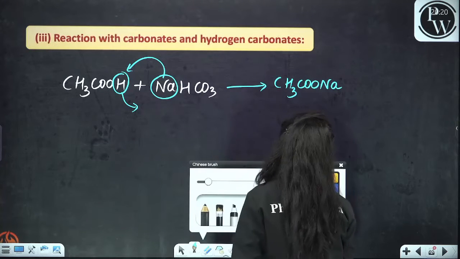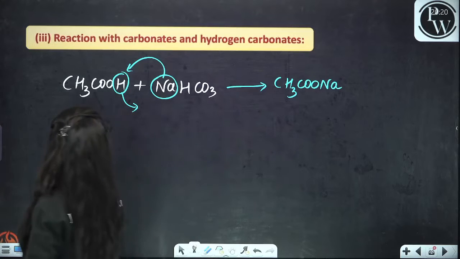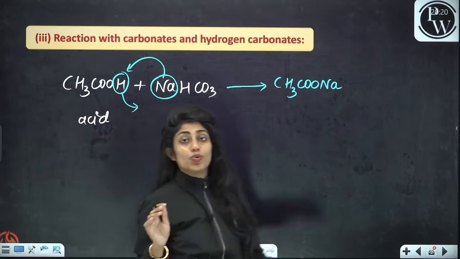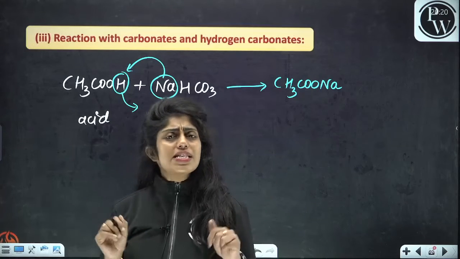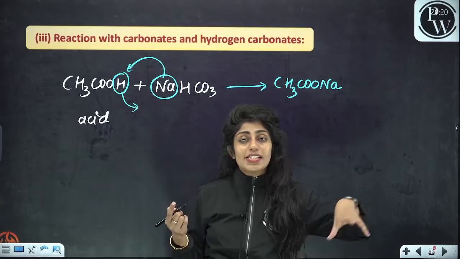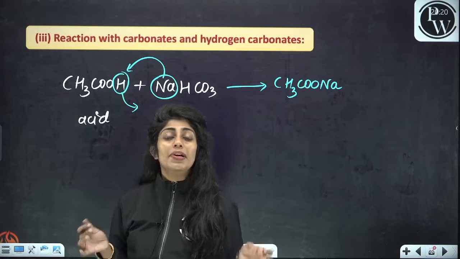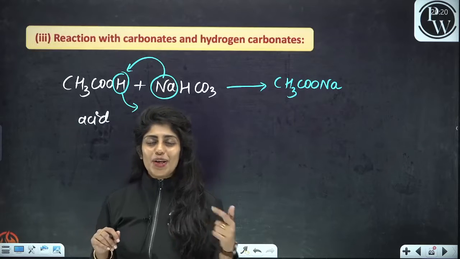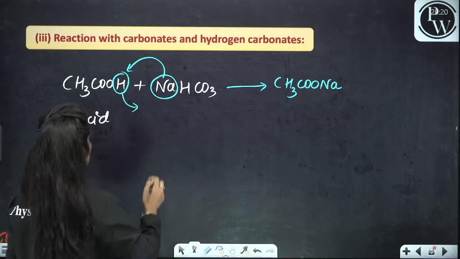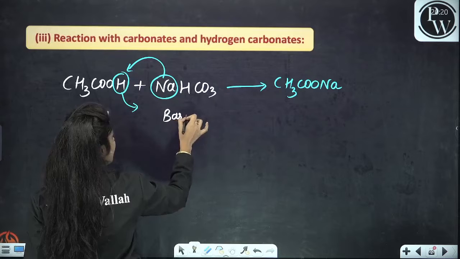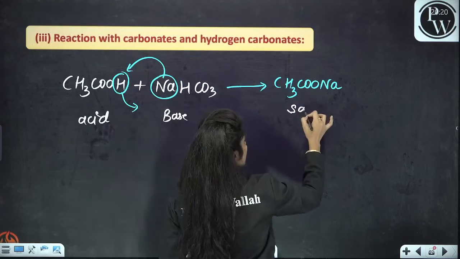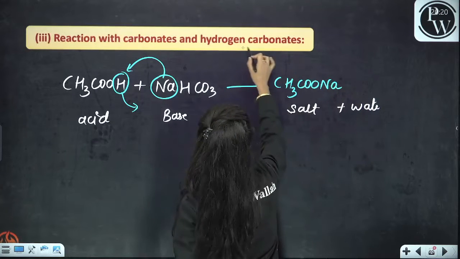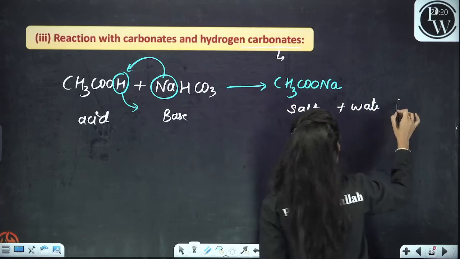First, I would like to give you one hint also. This is your acid. In acid, base and salt, we got to know that sodium bicarbonate is a kind of base because it is derived from the combination of strong base and weak acid. Are you getting my point? Now, this is your base. Again, you are going to get a salt plus water. But if you are talking about carbonates, it will also give you CO2.